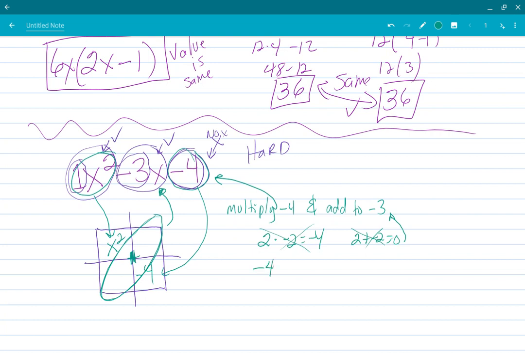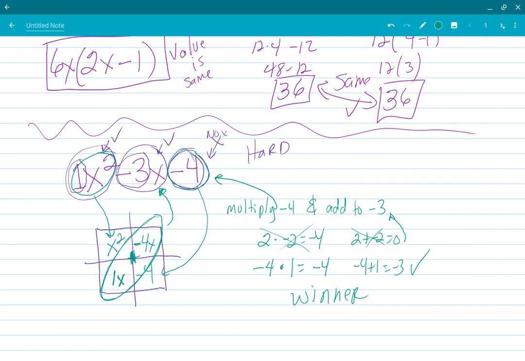Negative 4 times 1 equals negative 4. That's good, right? And then negative 4 plus 1 equals negative 3. Winner, winner, winner. So that means that inside in here is negative 4x, and here is 1x.